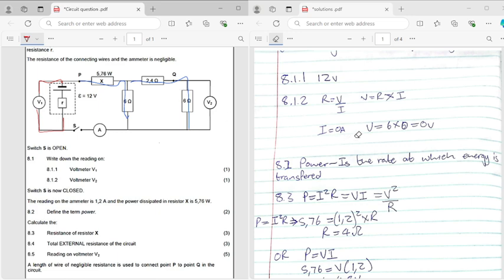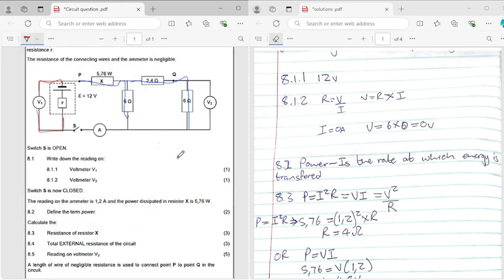Or if you're not sure about it, you can substitute the 0 amps and solve for voltage: multiply the 6 ohm resistance with 0 amps, and it will give you 0 volts. That's how we get that calculation.